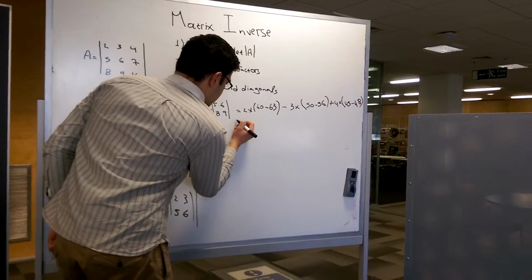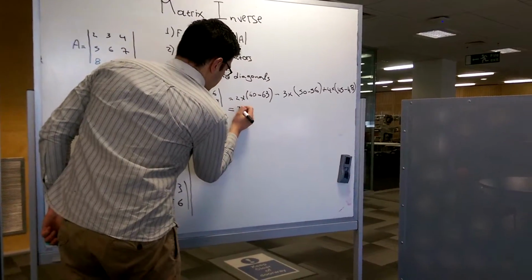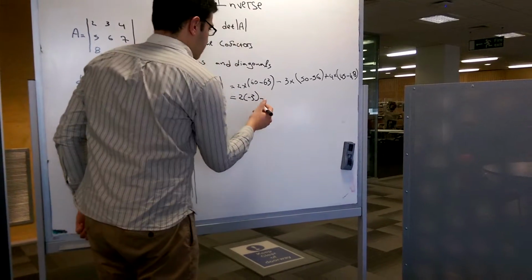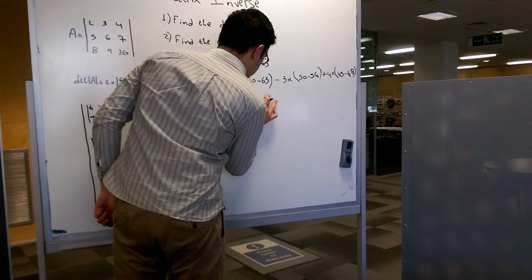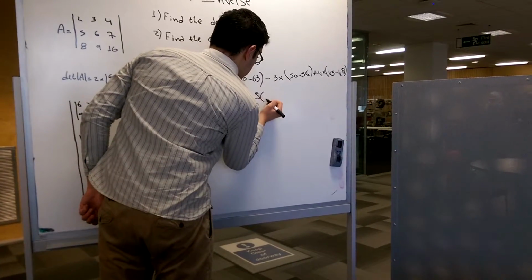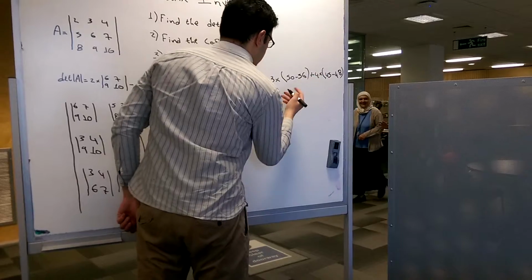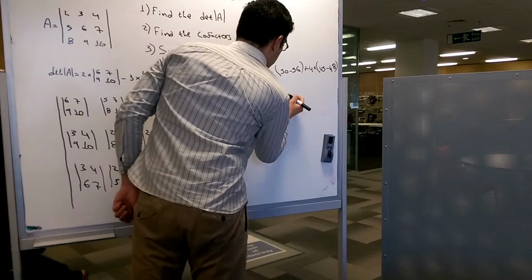So we get the determinant: 2 times minus 3, minus 3 times minus 6, plus 4 times minus 3.